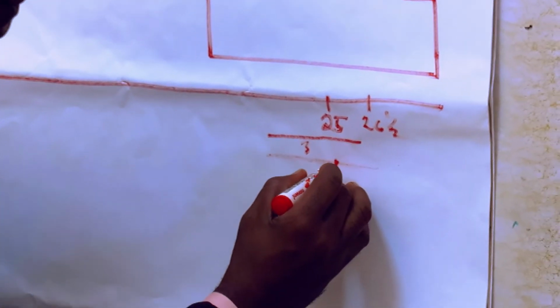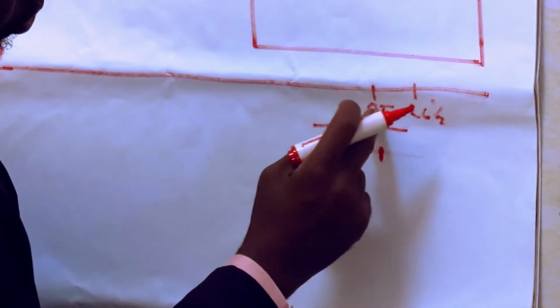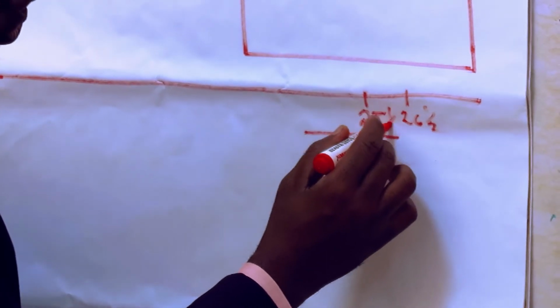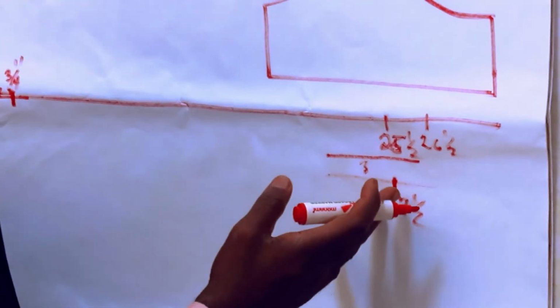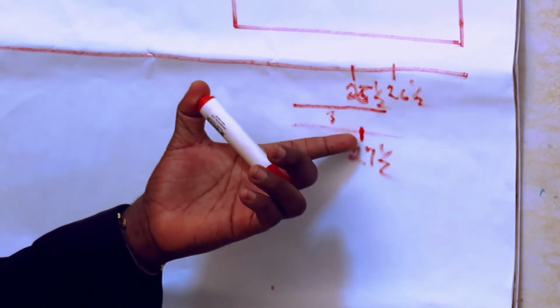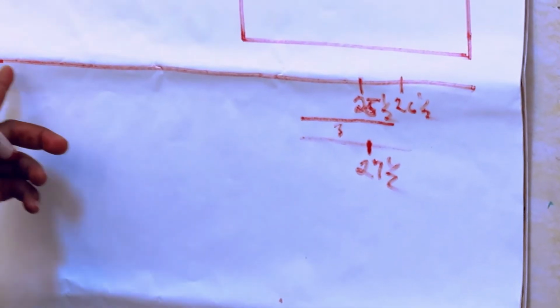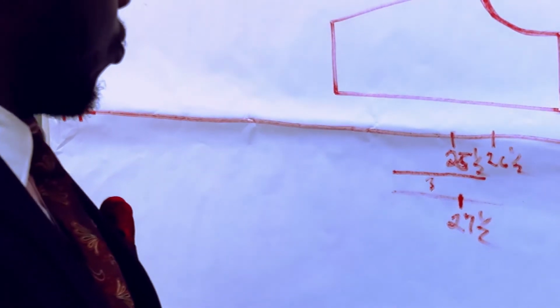So for that next one, this point, instead of being for a 26 and a half shirt, it will be for a 27 and a half shirt here, because now the cuff is even longer. For that longer cuff, the body of the sleeve would be shorter, because the cuff is now taking more inches than it used to.